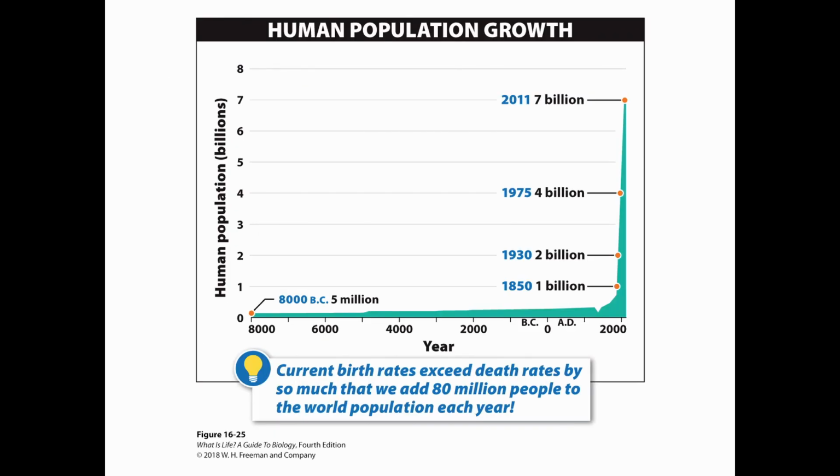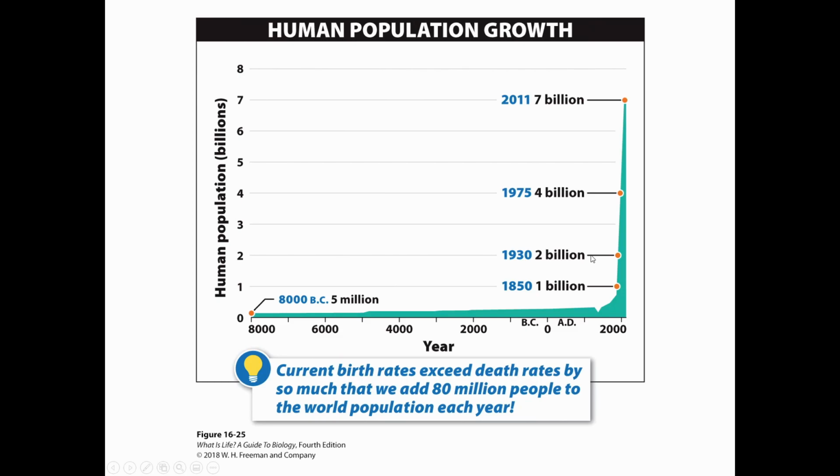So here is our population growth. We had 5 million individuals back in 8000 BC. We're now at 1 billion in 1855, and we see that the gain of about a billion took thousands of years, but it only took 80 years to go from 1 billion to 2 billion.